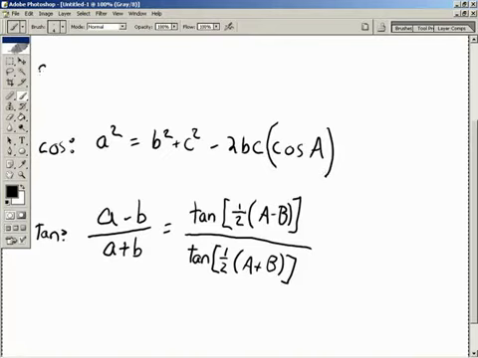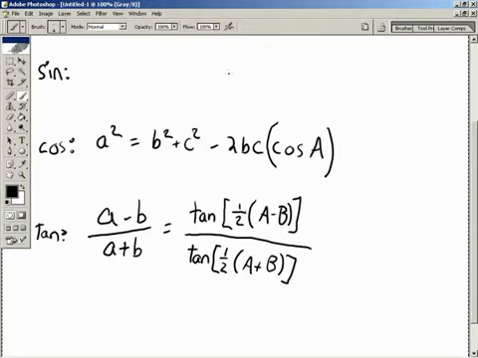And sine, do you remember what the law of sines was for any triangle? It had two equal signs in it. It was something equals something equals something.